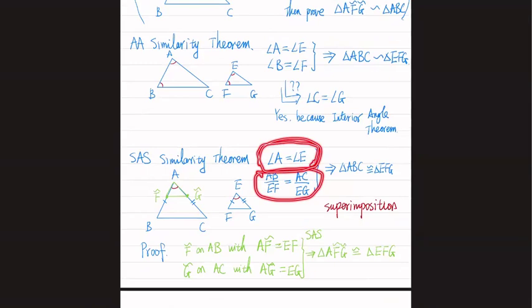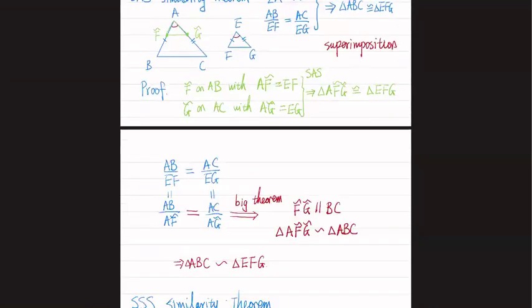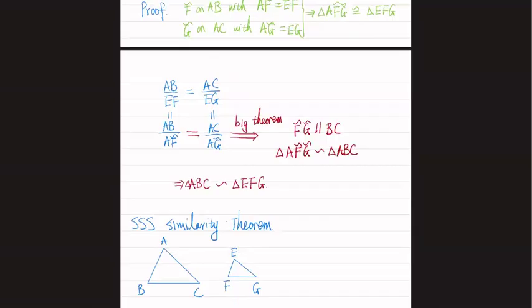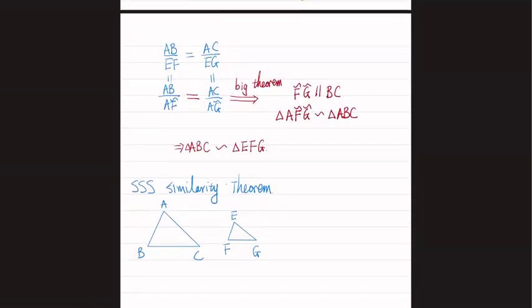So 3, 2, 1, and the next 0. We don't need any angles as long as we have more information about the size. Then the two triangles are similar.